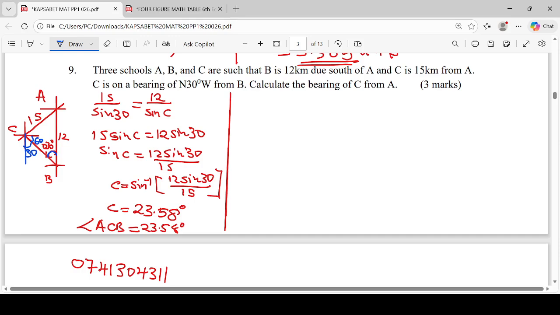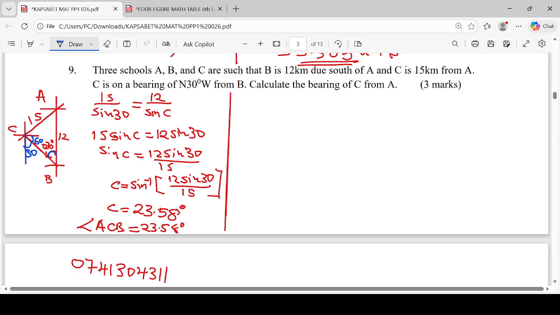We can even use what's called the cosine rule. a squared equals b squared plus c squared minus 2bc cos A. Let's see.